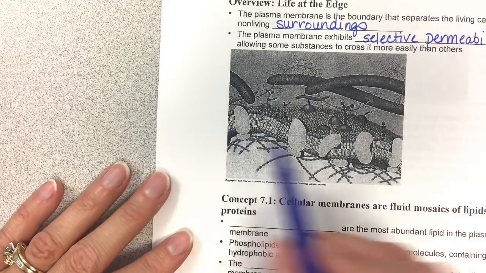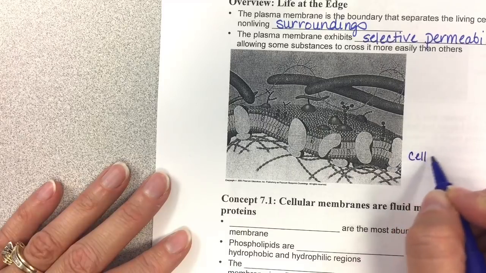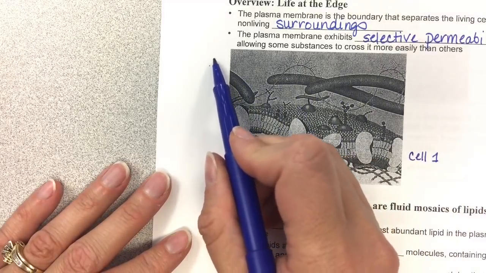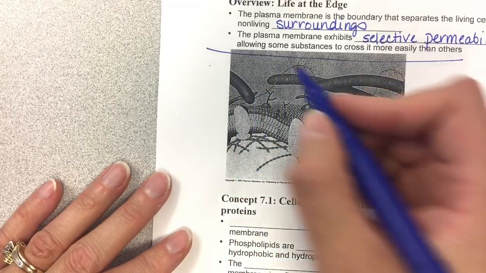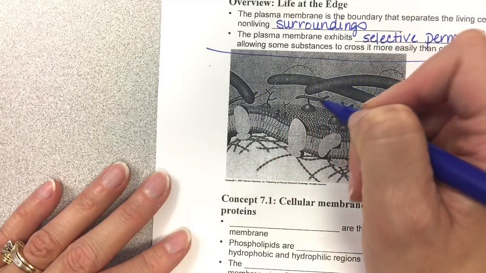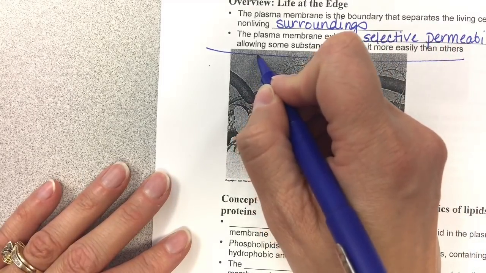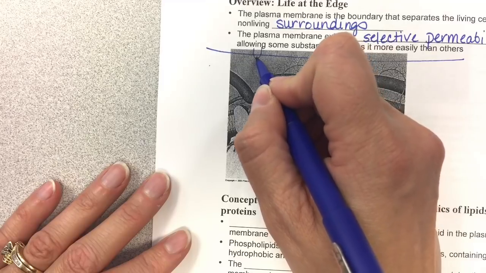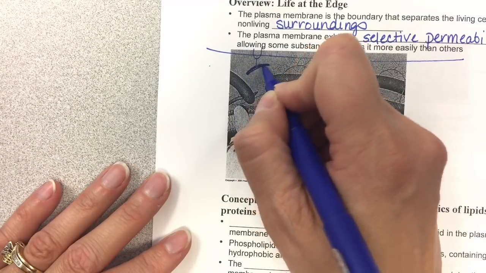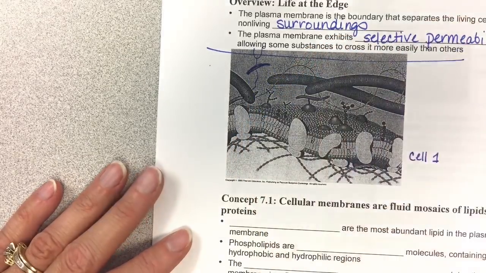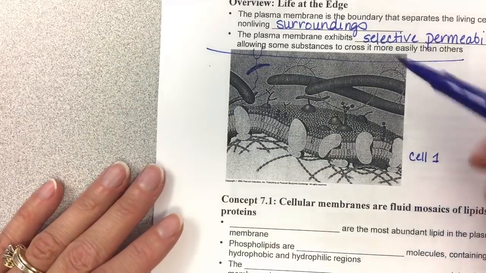Let's call this cell 1. You could have the membrane of another cell right here, and you have these proteins in the membrane connected to these parts of the extracellular matrix.